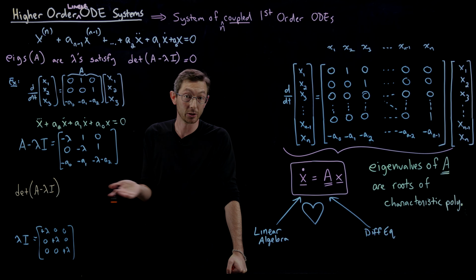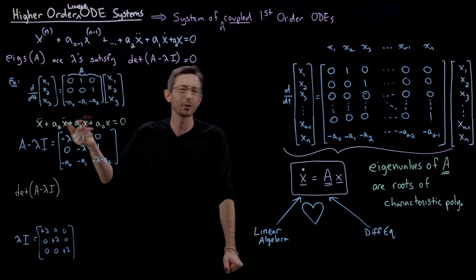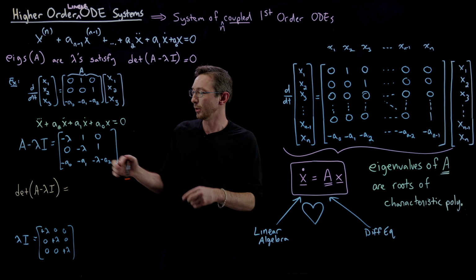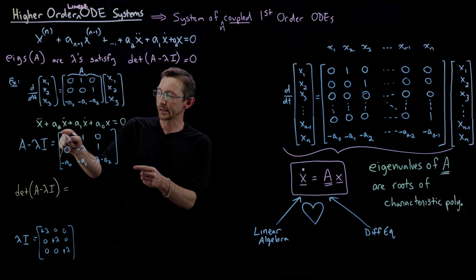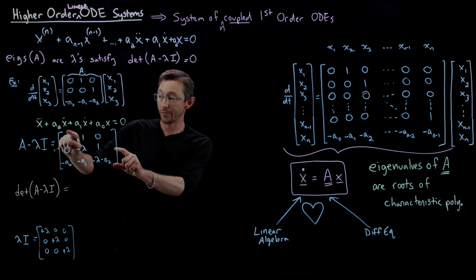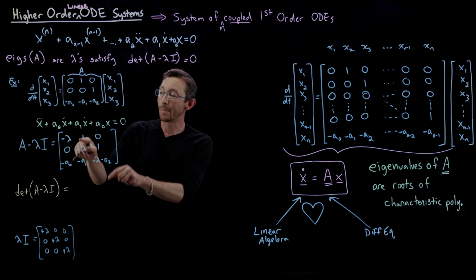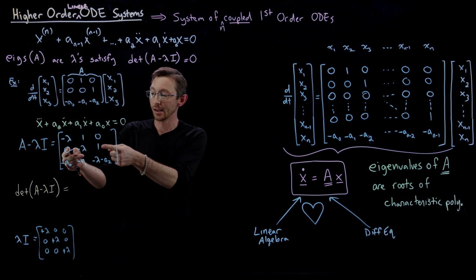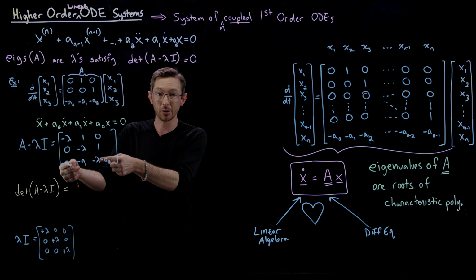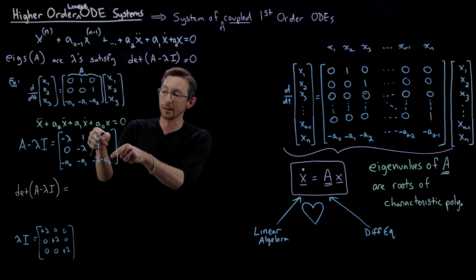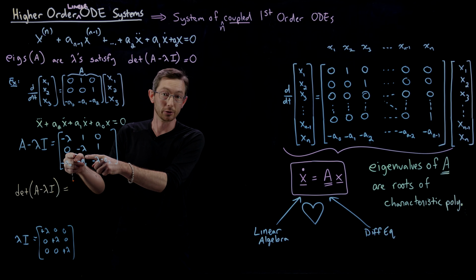It's like a combinatorially complex calculation, but for a 3x3 matrix, it's easy. I'm hoping you remember from high school that it's basically this element times the determinant of this little 2x2 subblock, minus this element times the determinant of the 2x2 subblock omitting that row and column, plus this element times the determinant of this little 2x2 subblock.